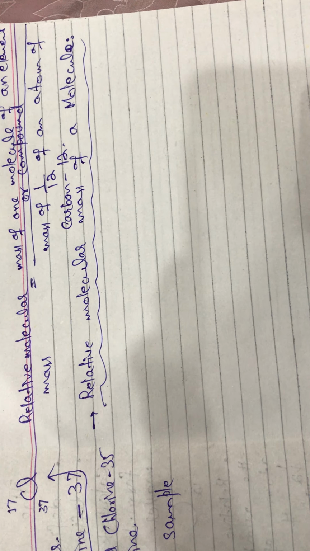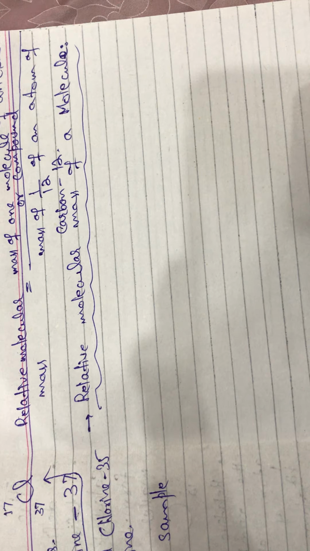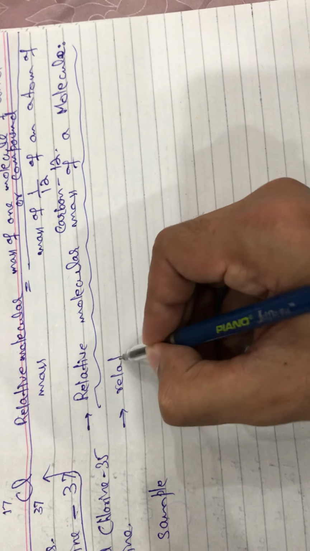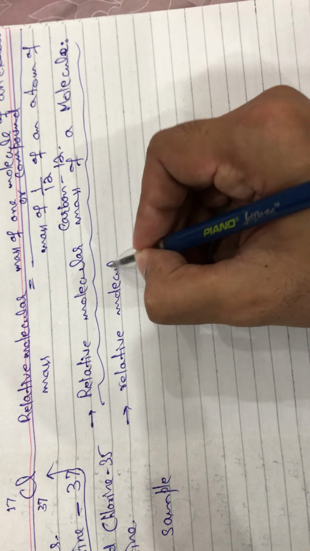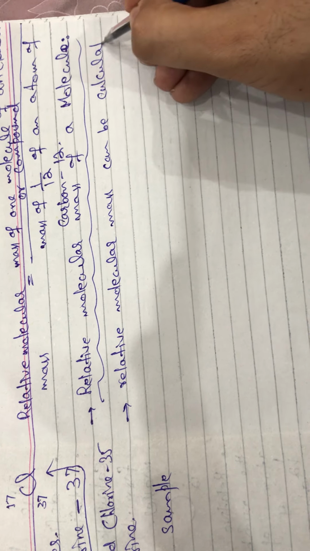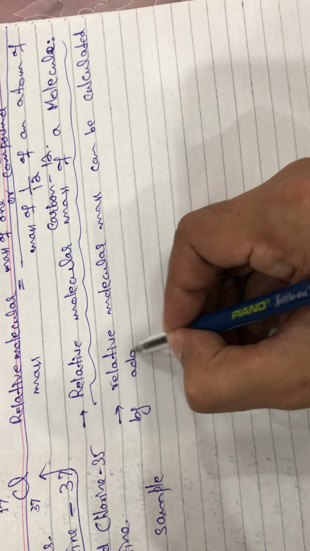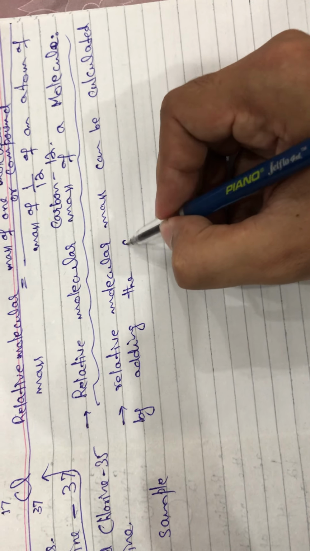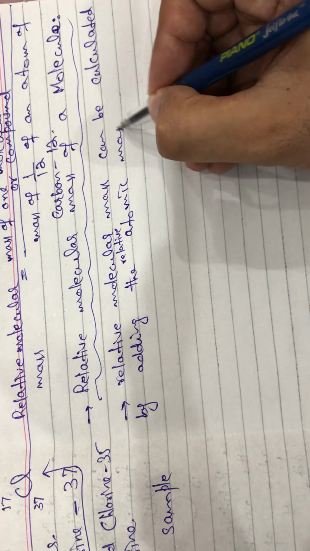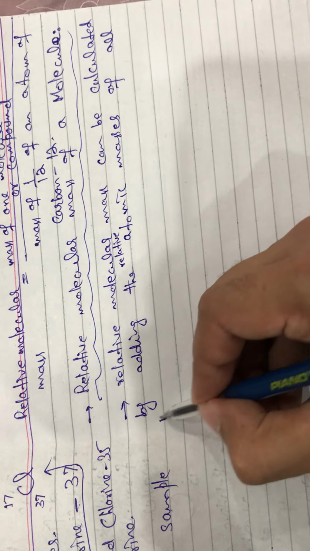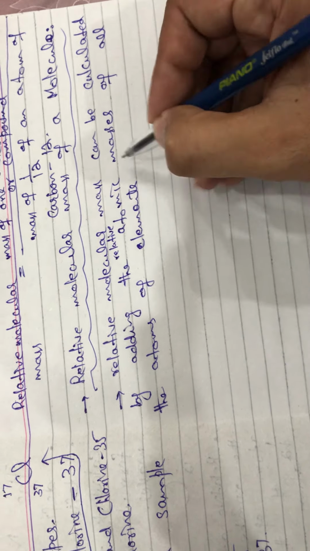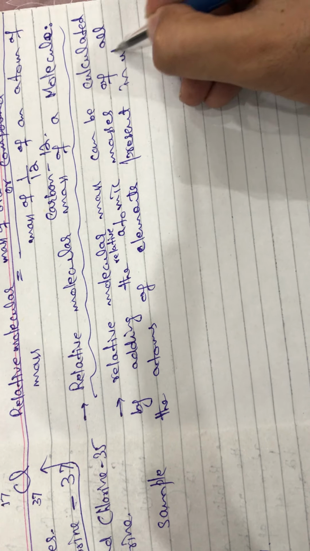So we can calculate the relative molecular mass by adding the relative atomic masses of all the atoms of elements present in it.